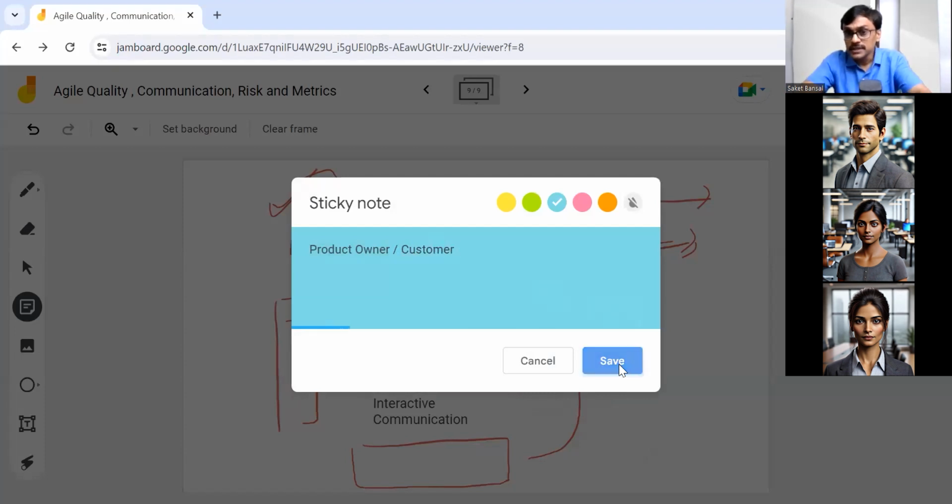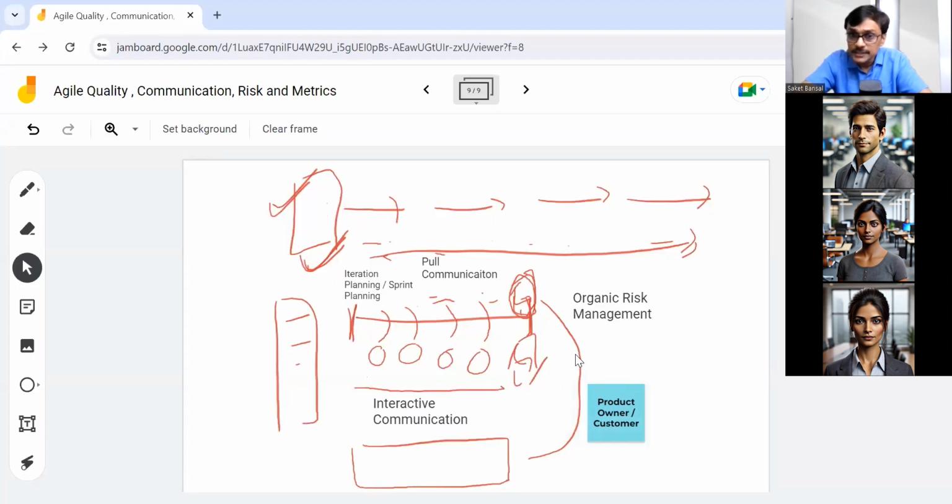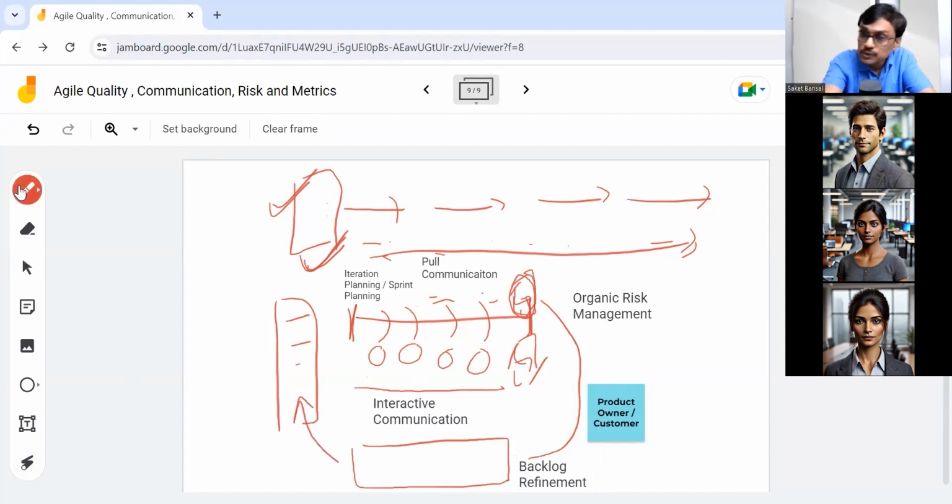So these people are expected to run an activity very frequently, maybe once in 2 weeks, and this activity is called backlog refinement. In backlog refinement, we are adding new items to the product backlog, we are removing some items from the product backlog, and we are prioritizing those items. And one of the agenda items of backlog refinement is interactive communication.